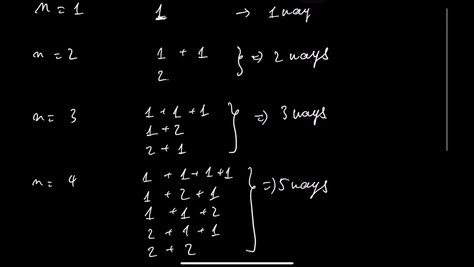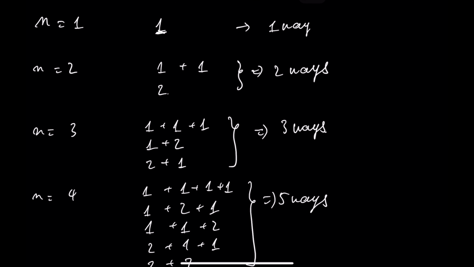Okay, so maybe we can see the formula here. N equal to 1, we have 1 way. N equal to 2, we have 2 ways. N equal to 3, we have 3 ways. And n equal to 4, we have 5 ways. So for n equal to 3, the 3 ways can be equal to 1 way plus 2 ways, where this one is n equal to 1 and this one is n equal to 2.